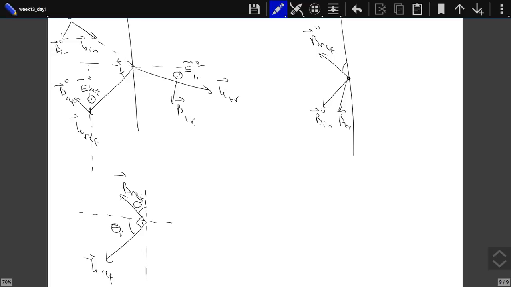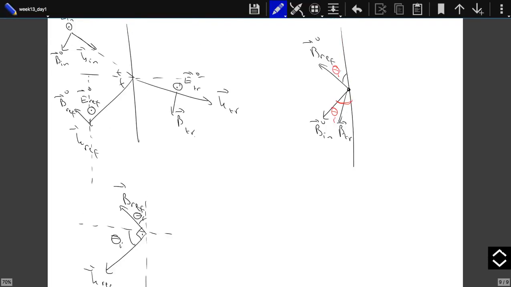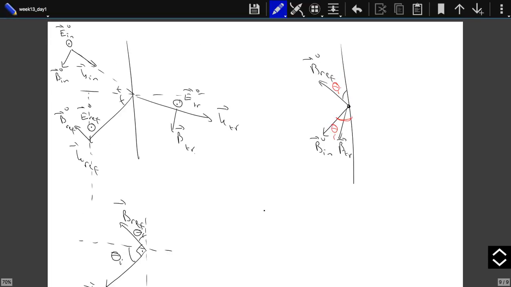So this angle over here is also theta incident. Do you agree? So this angle is theta E. Well, this angle is also theta E. Just use the same reasoning. Let's be sure.